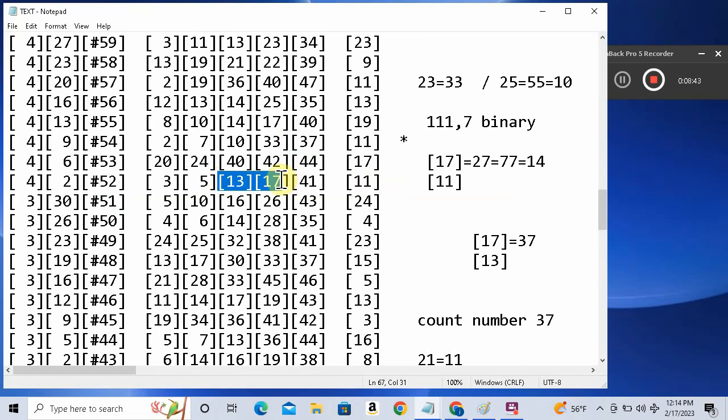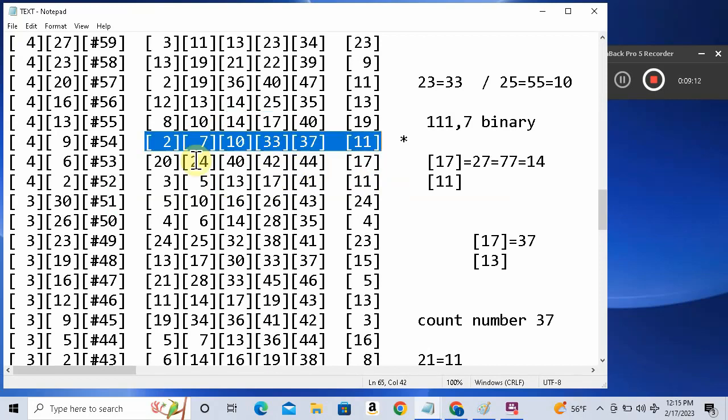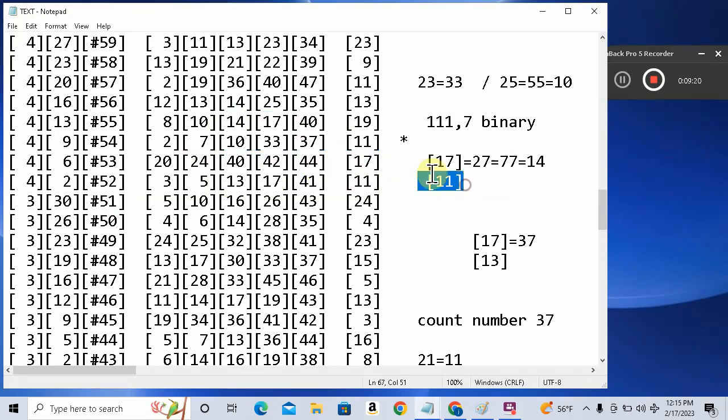This sequence right here. In fact, if you go over here, notice, you see this sequence right here? This also represents 47. See, if I can see it right here. See, this number right here also represents 47. This is 47. See, the 27 was related to this sequence right here. So here's your binary 7 right here.